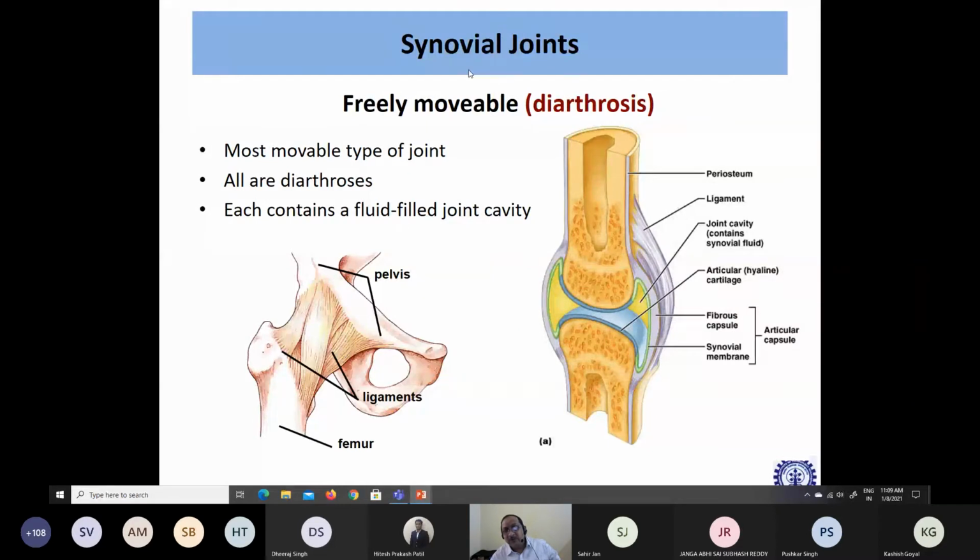So all these freely movable joints are mostly synovial joints containing a joint cavity filled with synovial fluid.